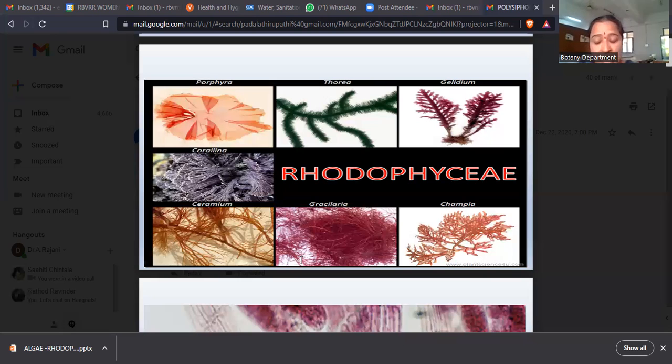And in the life cycle, you can observe a diplohaplontic or diplobiontic life cycle. These are just the introduction of the Rhodophyceae members. Here the main important questions are: what is mariculture, and what type of pigments, chlorophyll A, chlorophyll D, phycoerythrin, phycocyanin.